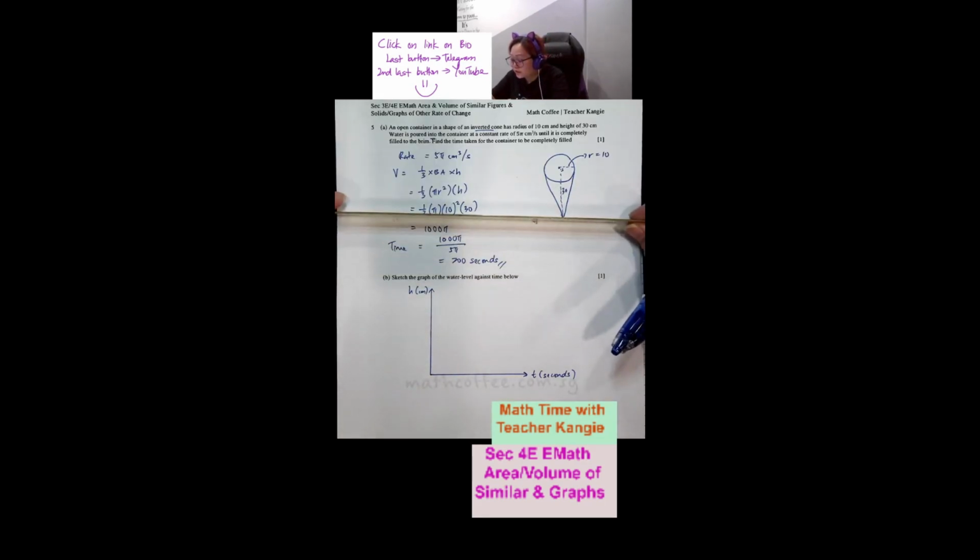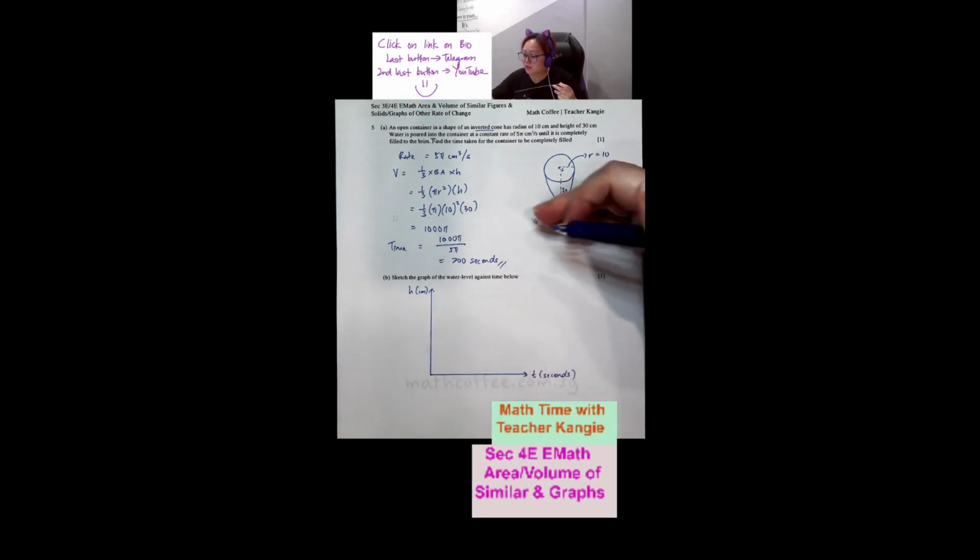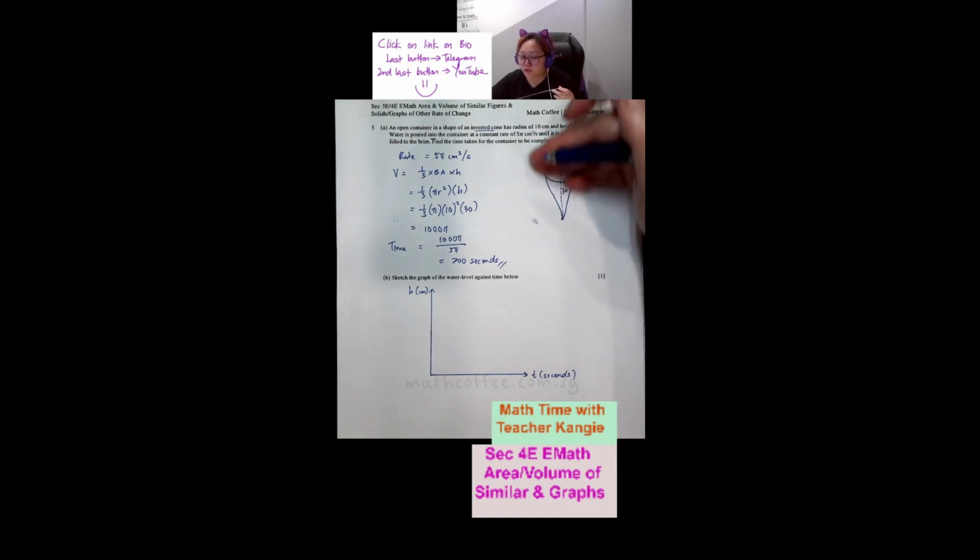Imagine the water is being filled up. From here, you move up. Are you sure it is a straight line? Fast to slow. Unless it's a cuboid, then it's constant, then it's a straight line. But this one is from small to big, so you are going slower.